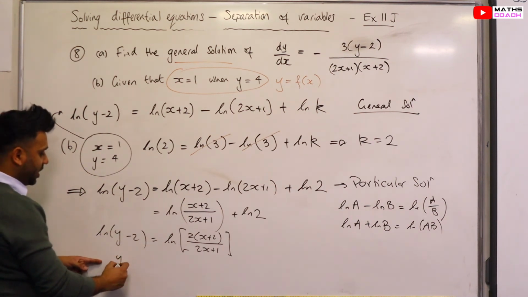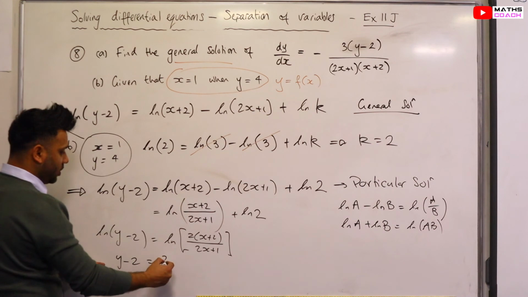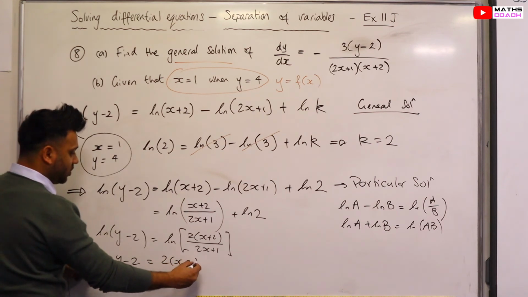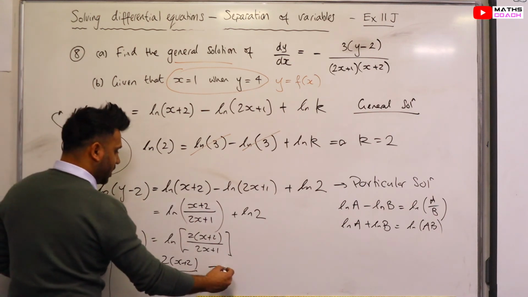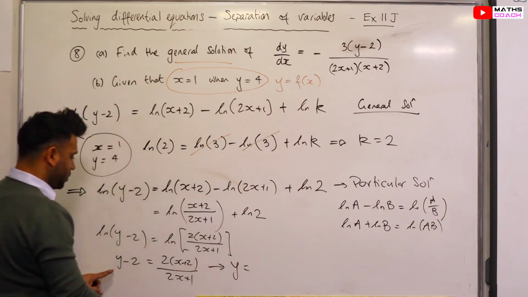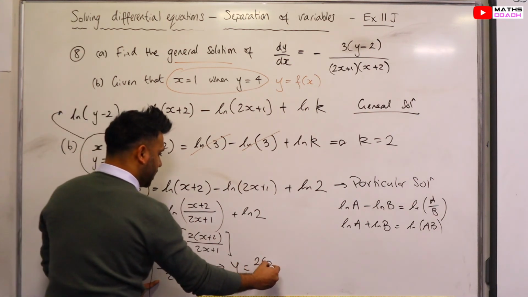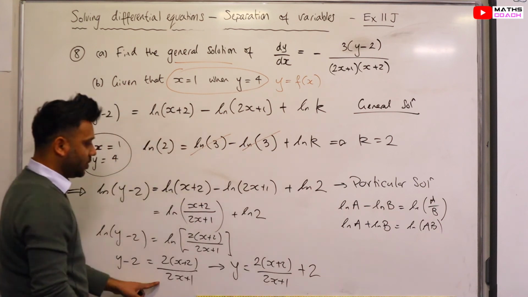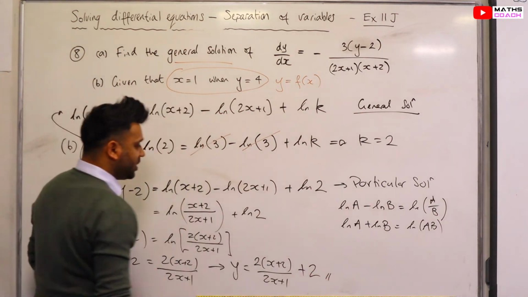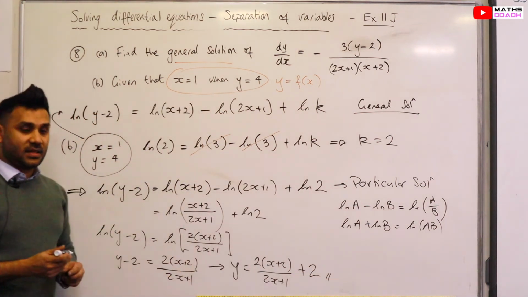So we have y minus 2 equals 2 bracket x plus 2 over 2x plus 1. Therefore y equals 2 bracket x plus 2 over 2x plus 1, plus 2, as our particular solution where y is the subject.